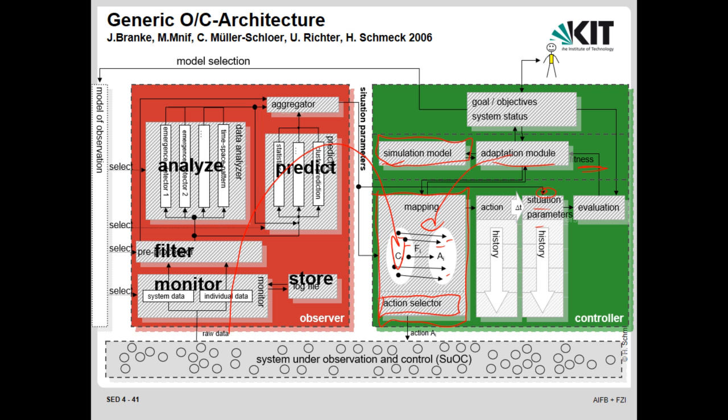And then for a situation where we are not satisfied with the currently available actions, we would, based on the simulation model, generate new actions by some method that is implemented there. And there we would evaluate the potential new actions based on the simulation model. And if we have found something which is good, we would move that down into the mapping and then have a better response to the situations that are observed.